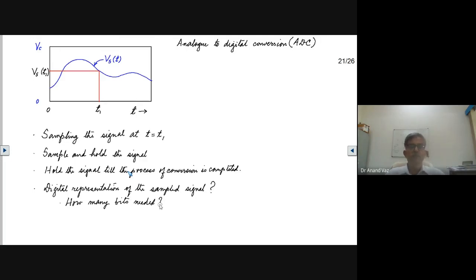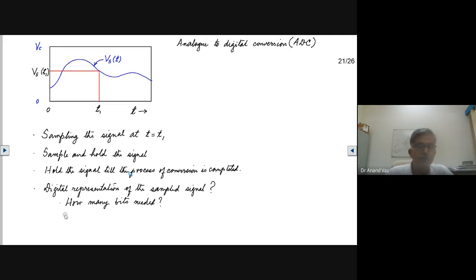In general, we have devices, chips available, where you can digitize a signal in 8 bits, 12 bits, or 16 bits. Maybe higher ones are also available, 24 bits and 32 bits, but they would be very, very expensive. As you proceed from the lower number of bits to the higher number of bits, the cost of the chip would increase. And you will see why that happens.